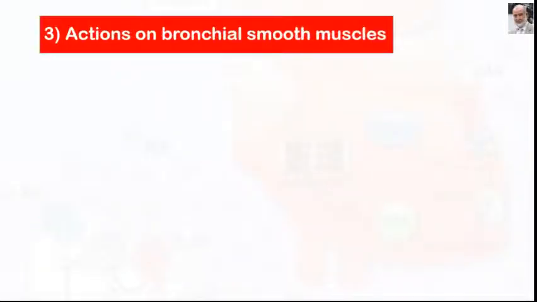Another effect of beta blockers is on the bronchial smooth muscles, the bronchioles. As we know, bronchial smooth muscles depend on beta-2 activity, which is inhibitory, and beta-2 stimulation will produce relaxation of bronchial smooth muscle, and this will result in bronchodilation.